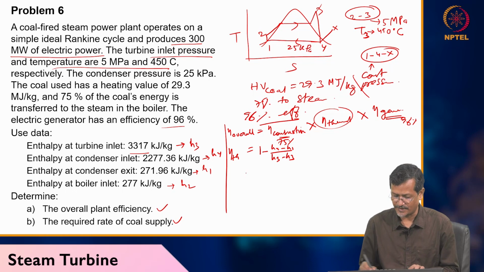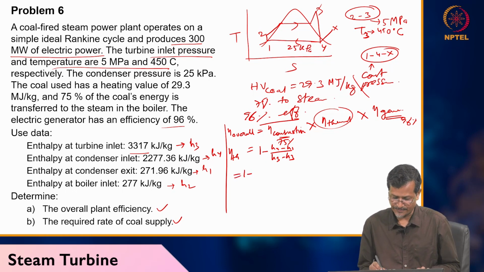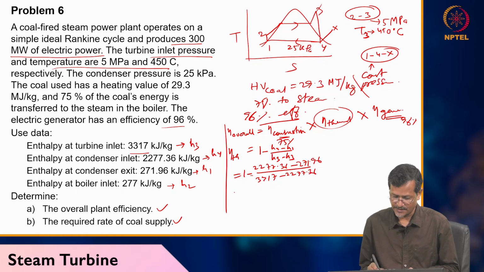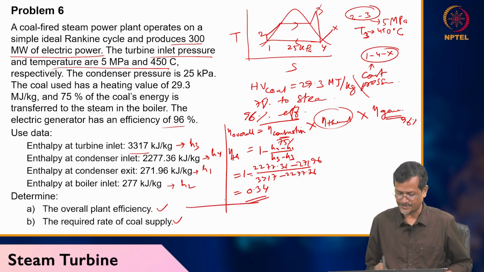If we put all the values, 1 minus, H4 is given 2277.36 minus H1 given 271.96, divided by H3 3317 minus 271.96, H2. So this is giving a value of 0.34, so 34% thermal efficiency you are getting.